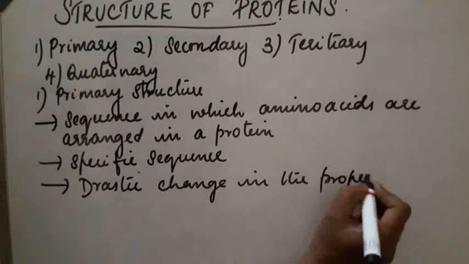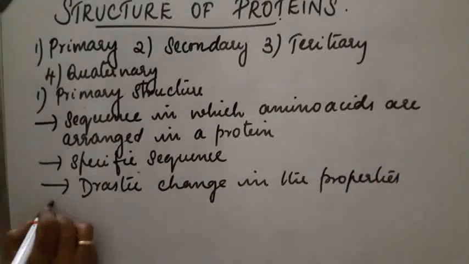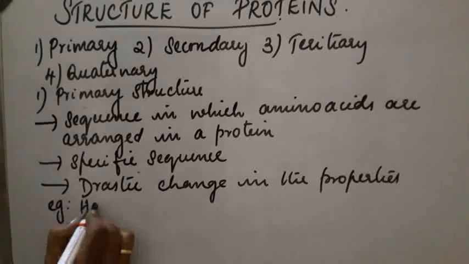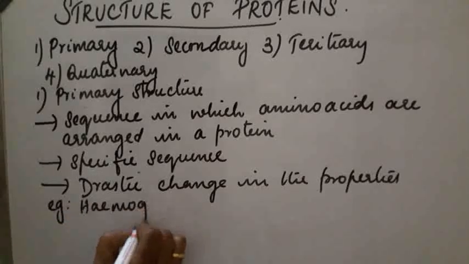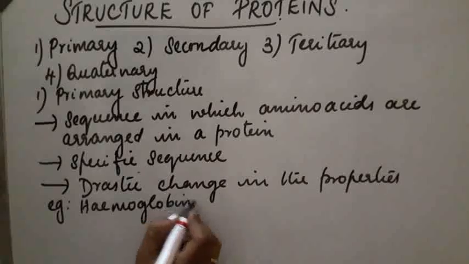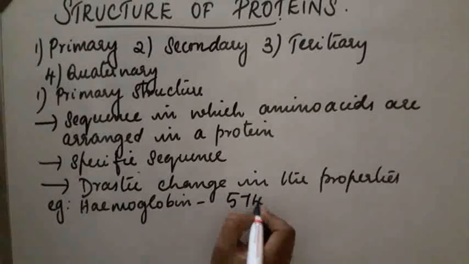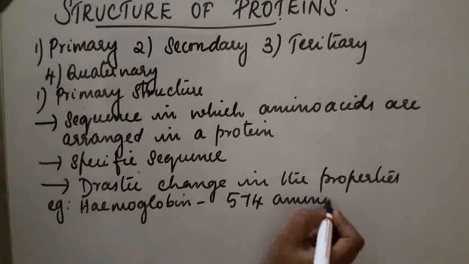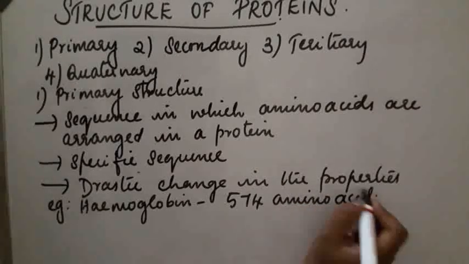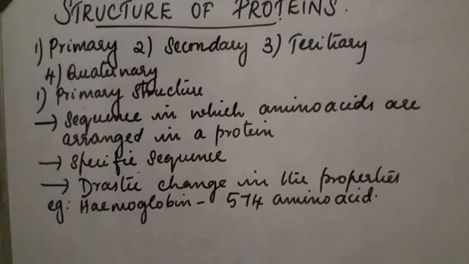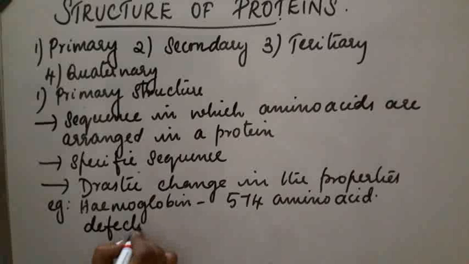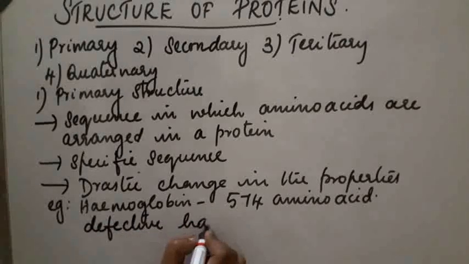For example, hemoglobin. Hemoglobin contains about 574 amino acids. If there is any change in any one of these amino acids, it will cause defective hemoglobin.